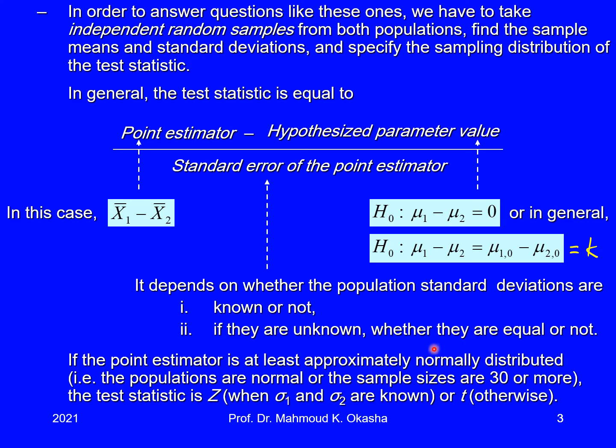And if the p-value is big, more than 5%, we cannot reject the null hypothesis at the 5% significance level, like the usual exercises in the last two sessions.